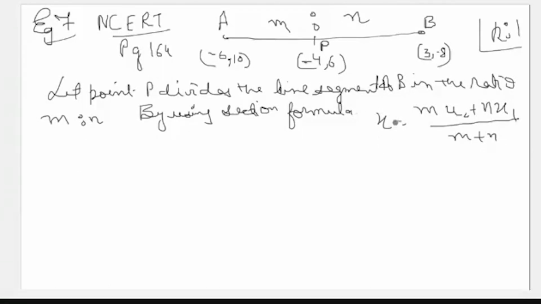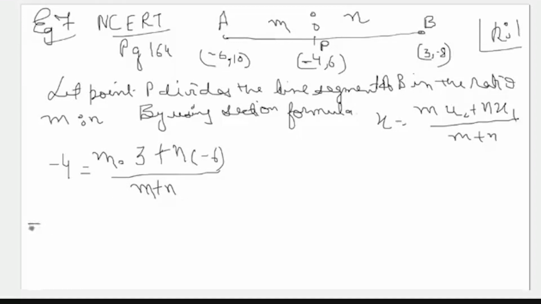Similarly, here x is -4, m we are supposed to find, x2 means 3 in this case, n we are supposed to find, and x1 is -6, divided by m plus n.